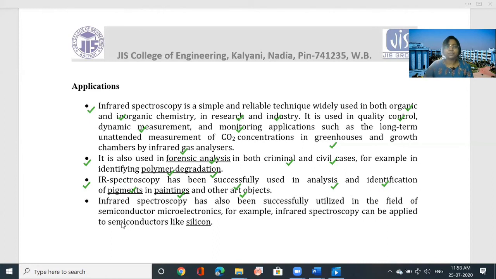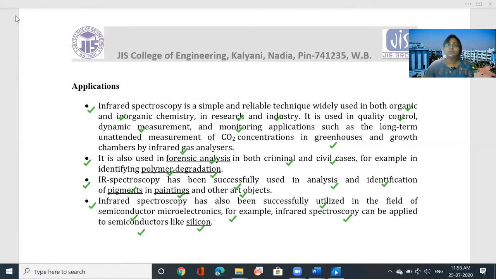Infrared spectroscopy has also been successfully utilized in the field of semiconductor microelectronics. For example, infrared spectroscopy can be applied to semiconductors like silicon.